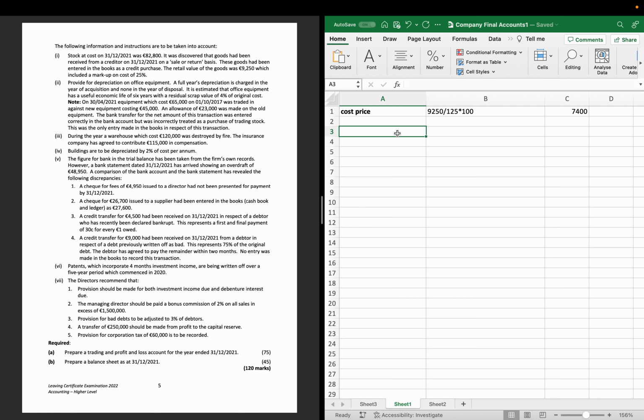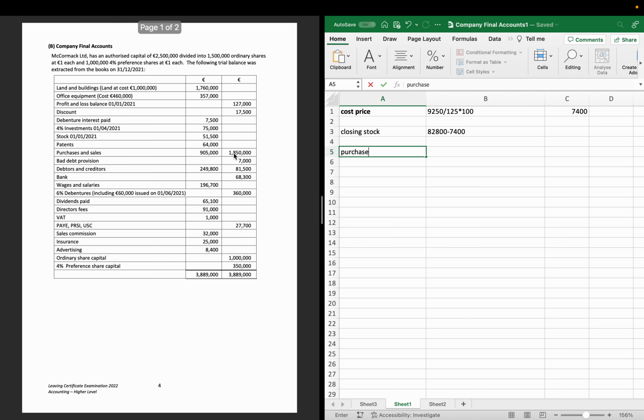So it's never really included in stock. So we have to reduce our closing stock by the cost price, and we have to reduce purchases and creditors also by the cost price.